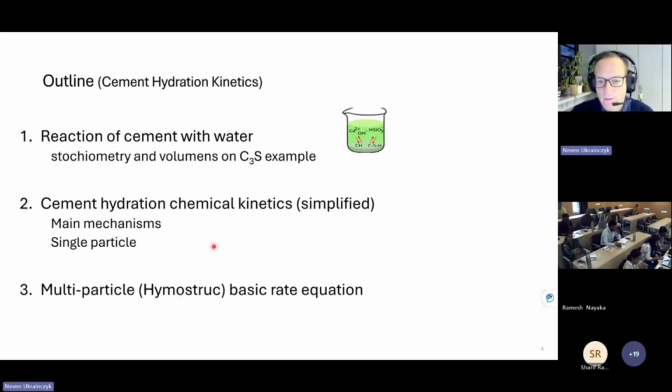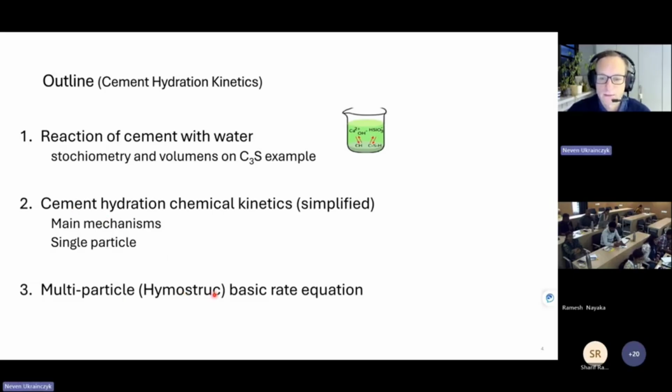So I will explain the basic rate equation of Hymostruc. Today this model is outdated because basically it lacked nucleation and growth, which is the most fundamental mechanism for the cement hydration.